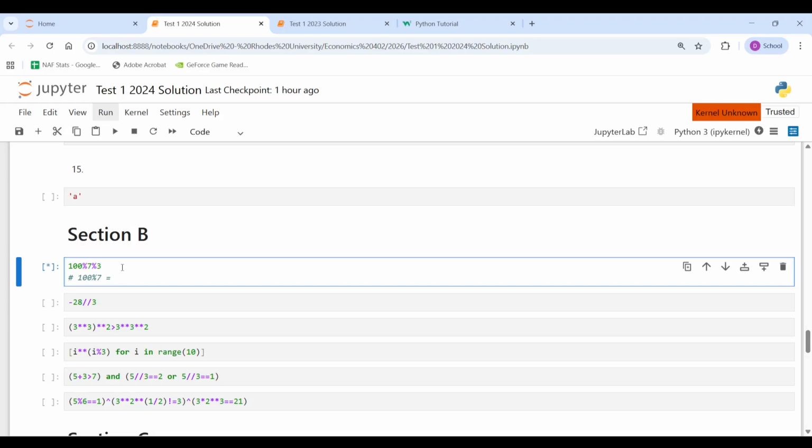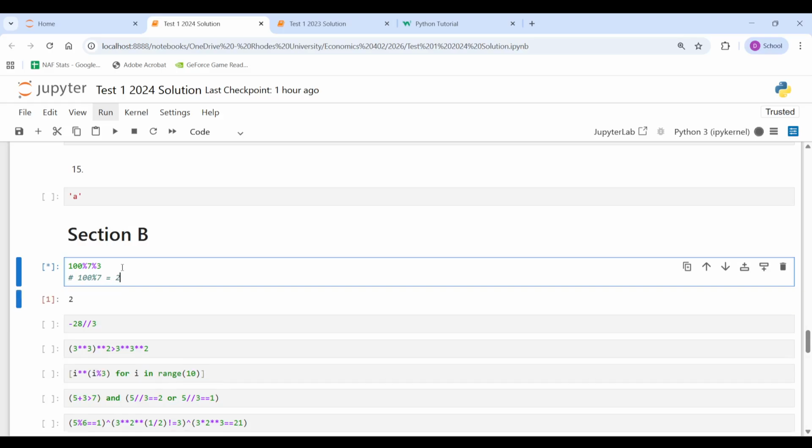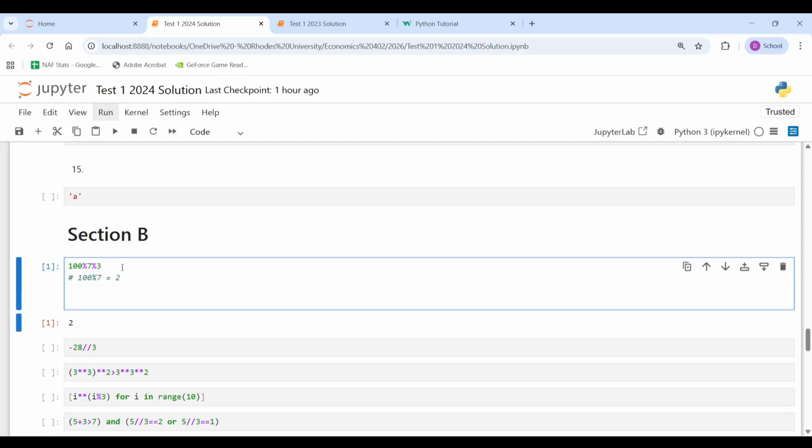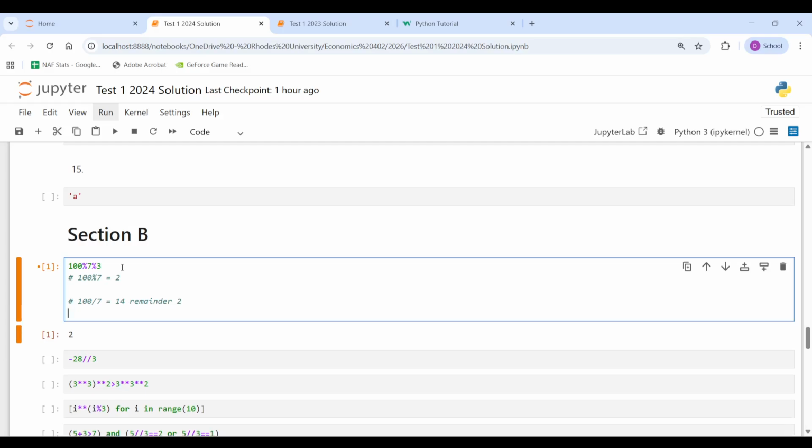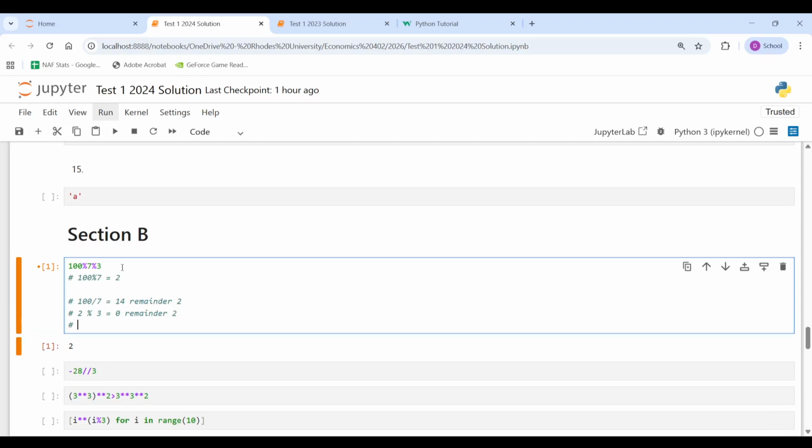What's 100 modulus 7? Are you fine with it being 2? So it's 100 divided by 7, which gives me 14 remainder 2. Then I have 2 modulus 3, which equals 0 remainder 2. So therefore the answer is 2.